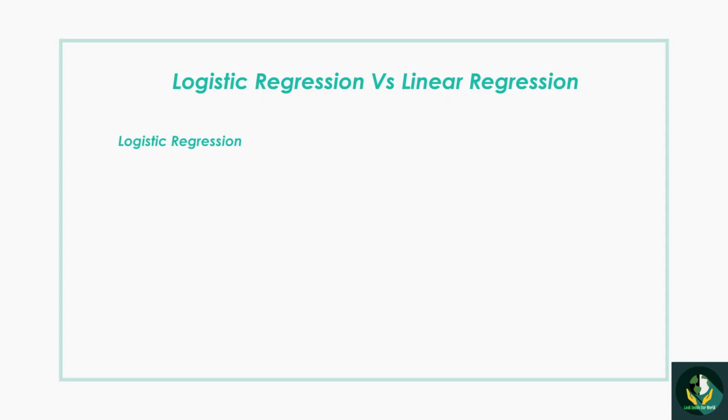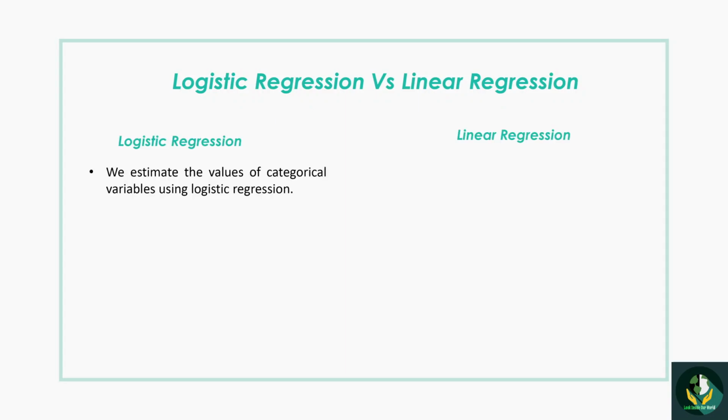So, when we're dealing with logistic regression, we estimate the values of categorical variables. However, when dealing with linear regression, our goal is to estimate the outcome of continuous variables. So, to sum it up, categorical variable estimation is done through logistic regression, while continuous variable estimation is done through linear regression.